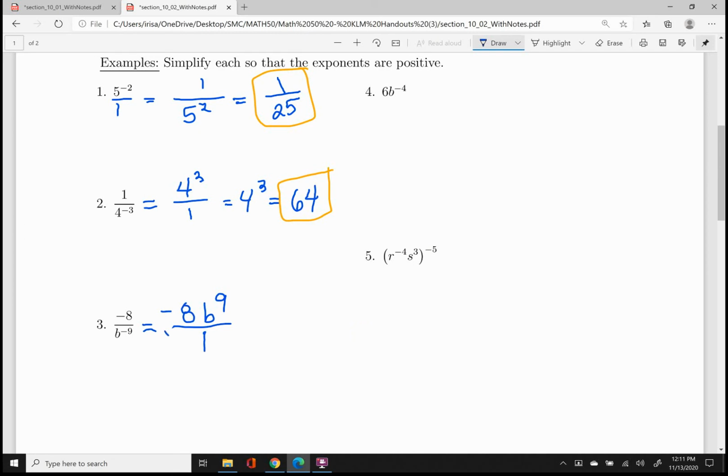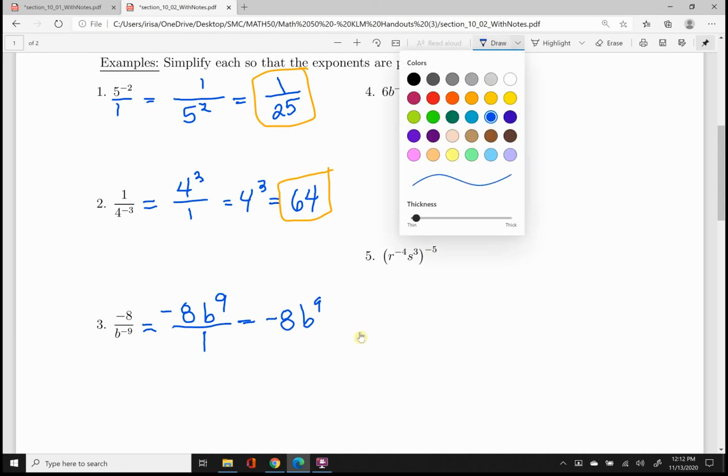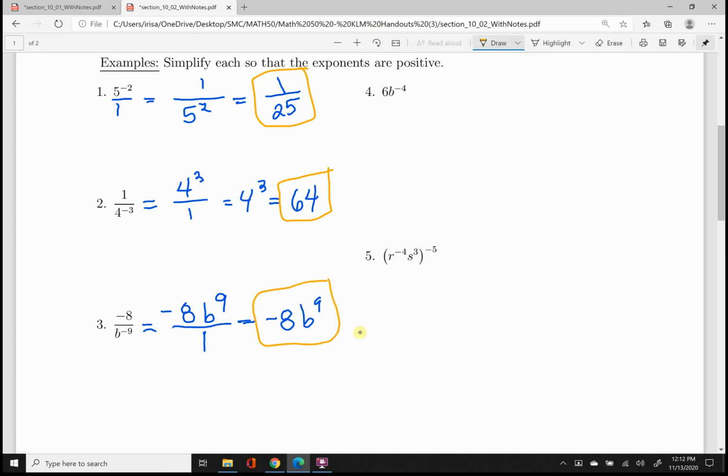Well, there still has to be a 1 down below to address that space there, to show that it moved upstairs, and then we took away the negative sign. But really, we don't even really need that stuff down there. It's just a mechanism by which we can follow the rule of evaluating the negative exponent, okay? So hopefully that feels good and is helpful as far as the structure of the work shown.